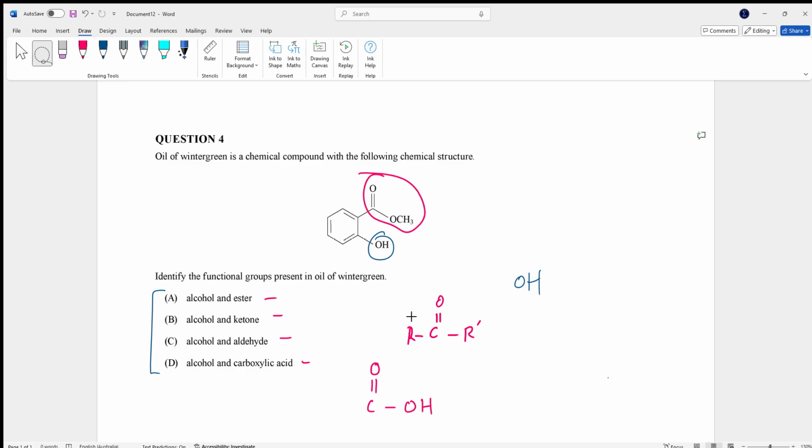Oh wait, I've drawn, my mistake here. That's actually the ketone. The aldehyde is this guy here, where it has nothing on the end. My mistake. So here, the double bond with the oxygen is on the last carbon for the aldehyde. And for the ketone, it could have a functional group on either side. And now for an ester, I'll just draw the ester over here.